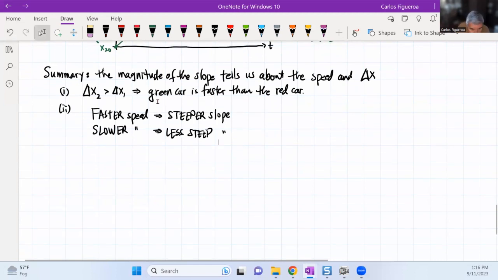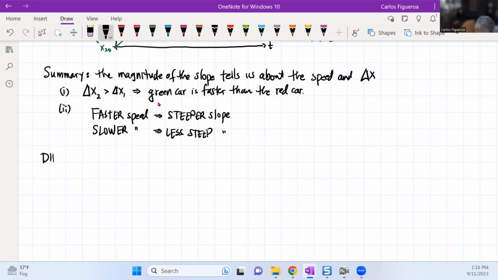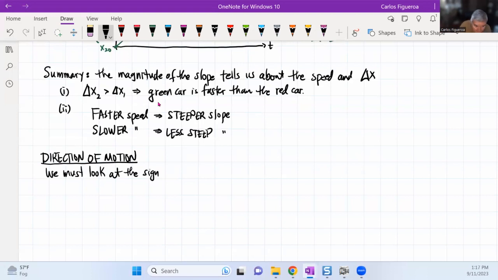Now, we want to talk about the direction of motion. When we start talking about the direction of motion, we must look at the sign of the slope.